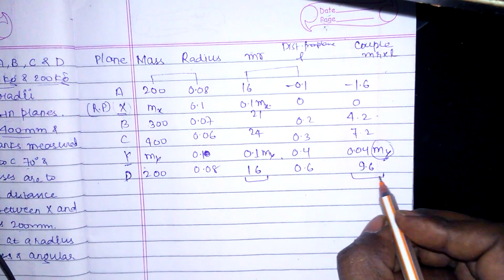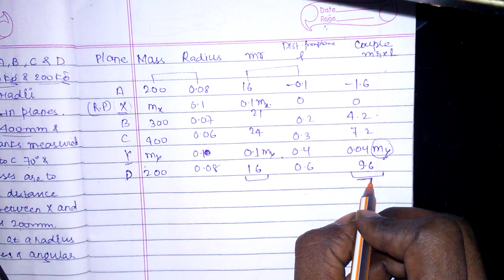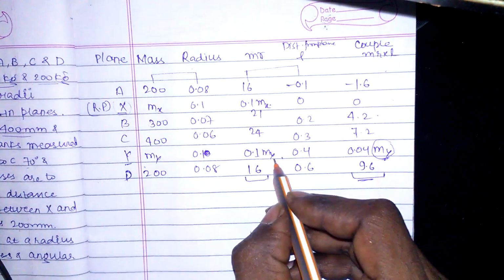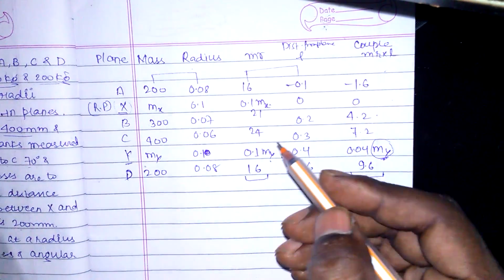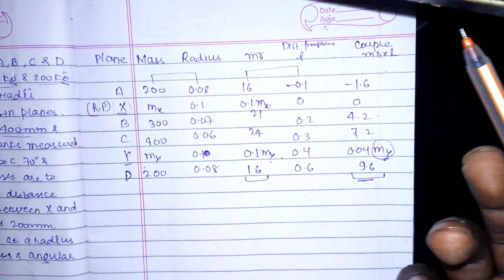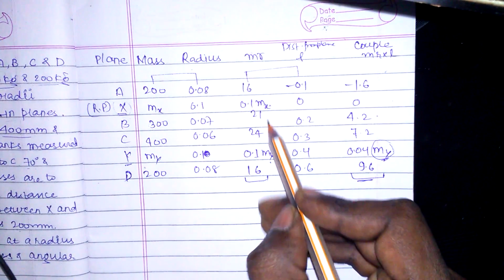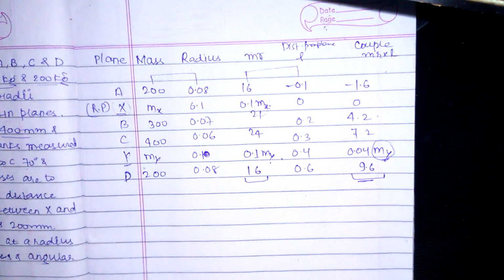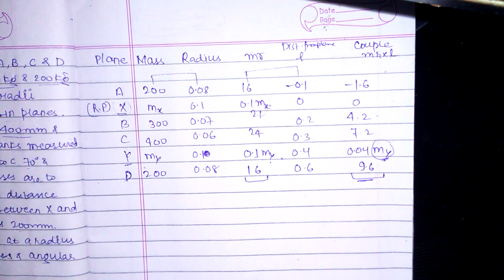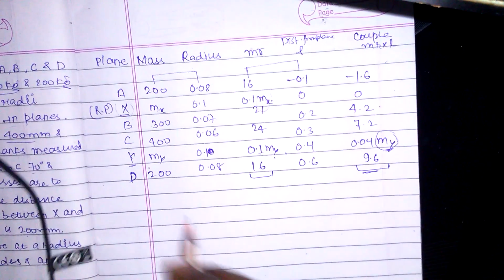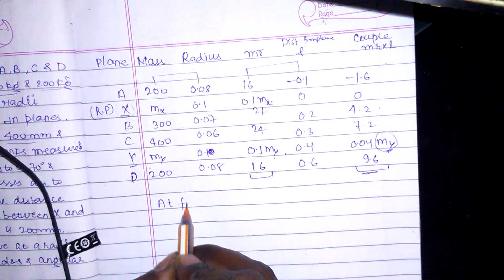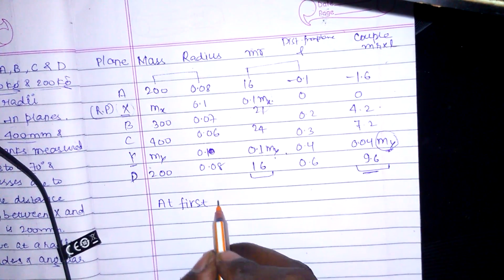So it would be easier to draw the couple polygon first, so that we could find my, and later we use my in the force polygon, or centrifugal force diagram, to find mx as well. So first of all let us draw the vector diagram for couple. At first we will draw the couple polygon.